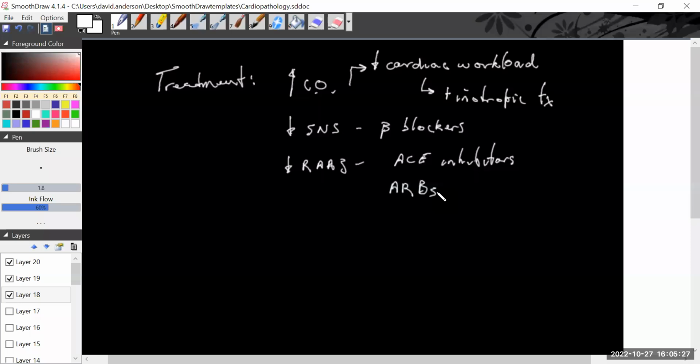So it allows angiotensin 2 to be formed, but it blocks angiotensin 2's ability to match with its receptors. So in effect, angiotensin 2 in both situations is not allowed to exert its effects on blood vessels to cause vasoconstriction and so on.